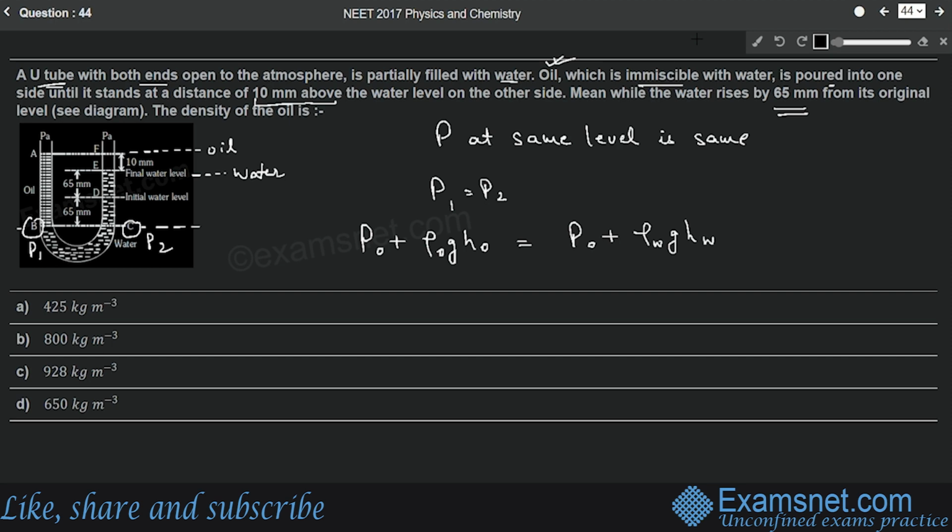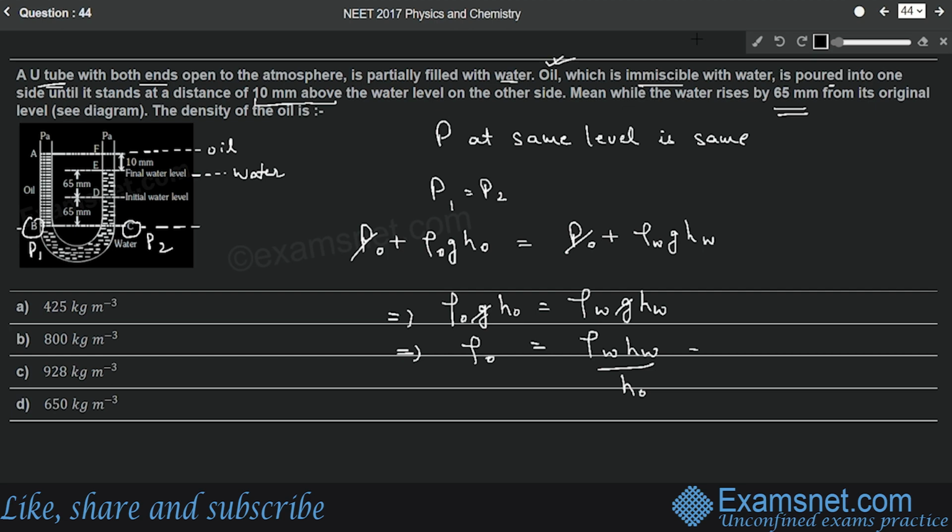Now P naught is on both sides, so cancelled. So rho O G HO will be equal to rho of water G H of water. Again G is same, and we have to find out the density of oil, that is rho O. So that will be equal to density of water into height of water upon height of oil.